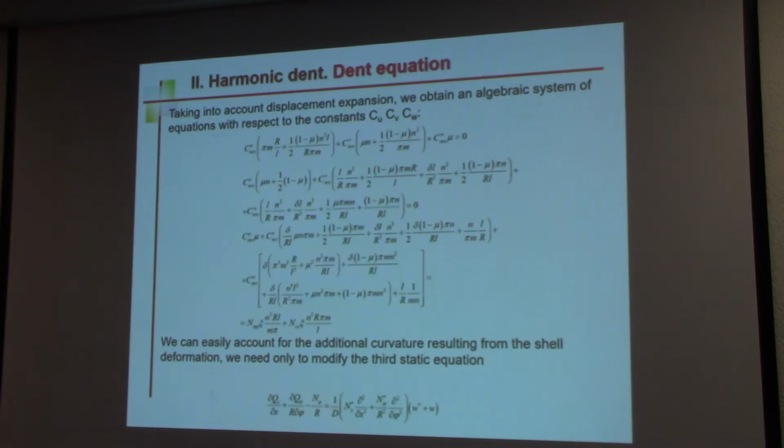And here are our loads. These loads can be easily extended to account for additional curvature from shell deformation. This system can be easily solved, and we will get a solution for our harmonic dent, where m and n are constants. They mean the waves in axial and circumferential directions.